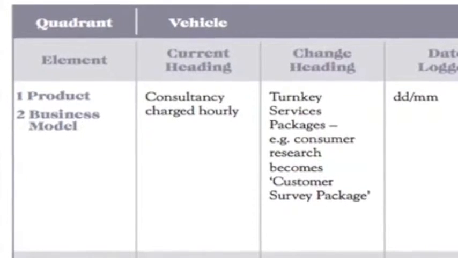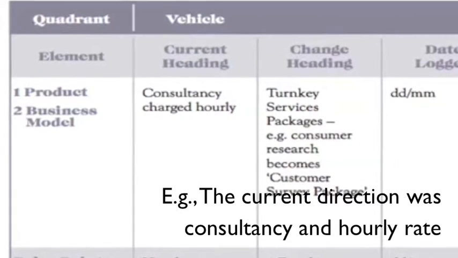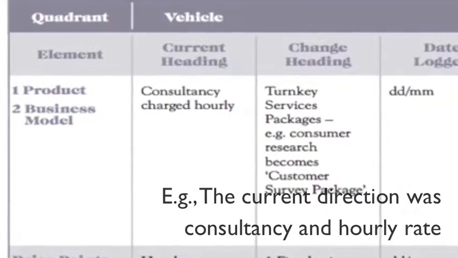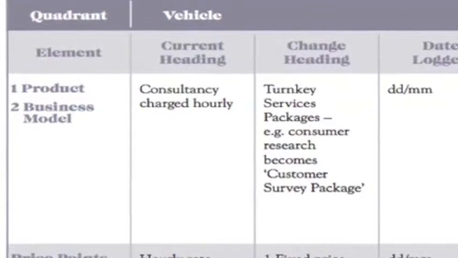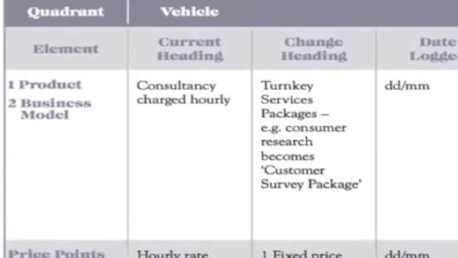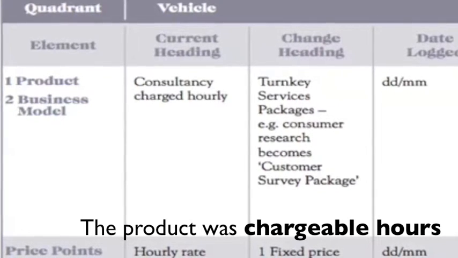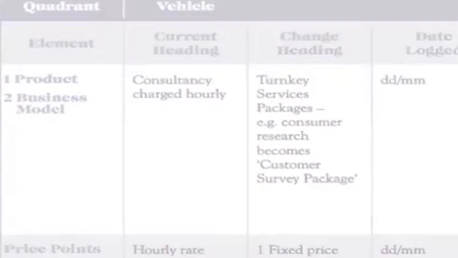First of all, we need to detail what the current direction of the business is before we institute this change, just to make certain that we're clear. This is all revolving around their identification of the product as chargeable hours, which impacts, of course, their business model.